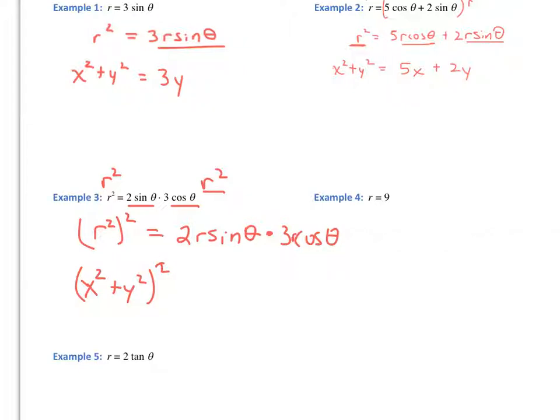Where it's like 2x times 3x would equal 6x squared, so the r times the r over here is going to be an r squared. But this allows me to change the r sine theta to y and the r cosine theta to x. So this becomes 2 times 3, which is 6, and then xy.